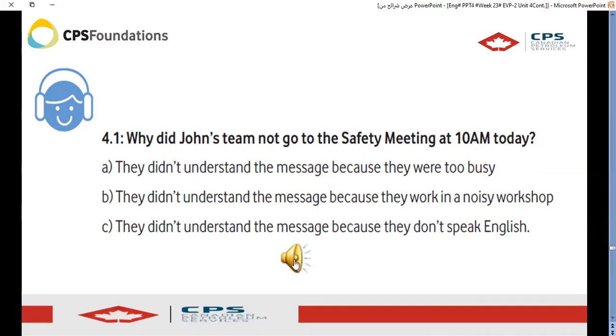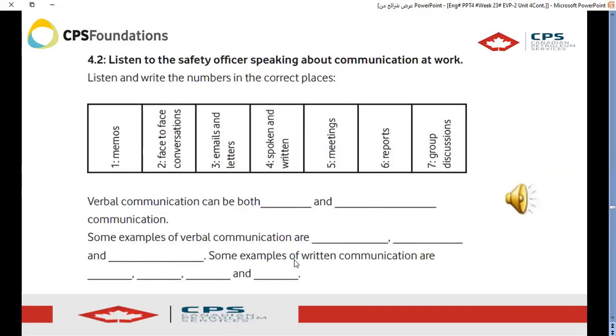So they didn't understand because, excellent, great, because they were in a noisy workshop. The next question is a listening about warning signs and about communications at work about safety.